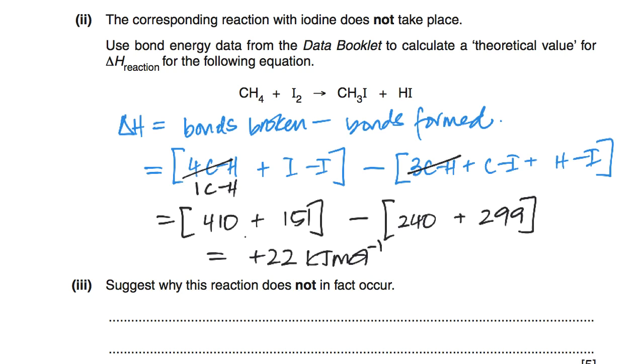Second is the idea that you will see a lot of questions that have the term suggest. When you see this in a question, please understand it is something that you have to think outside of what you know, or at least what the syllabus explicitly says. Now they're asking why this does not occur.